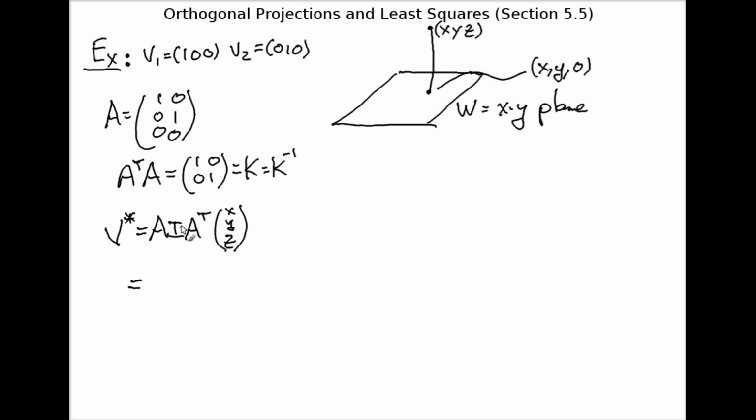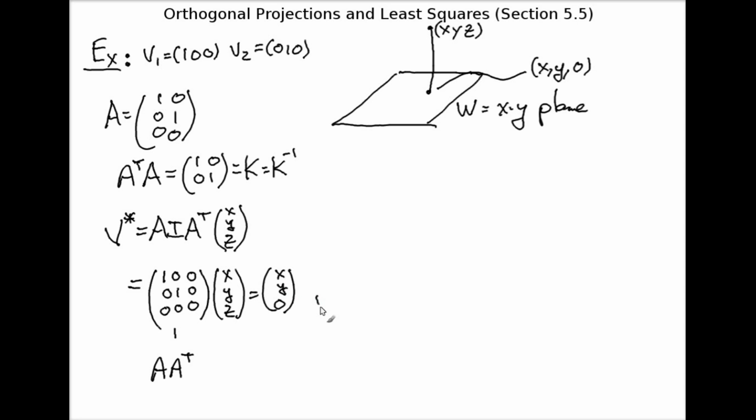Well, A transpose is the matrix 1, 0, 0, 0, 1, 0, 0, 0, 0. That's A transpose, which is a 3 by 3 matrix. And when you apply it to x, y, z, you get, of course, x, y, 0. As simple as could be. Okay?